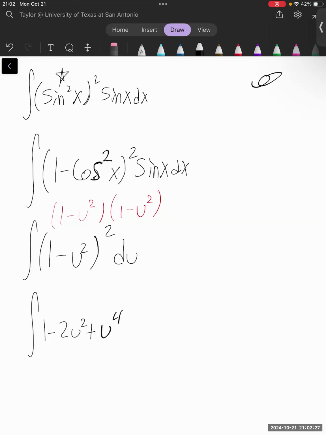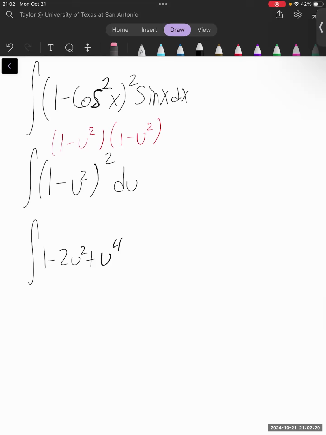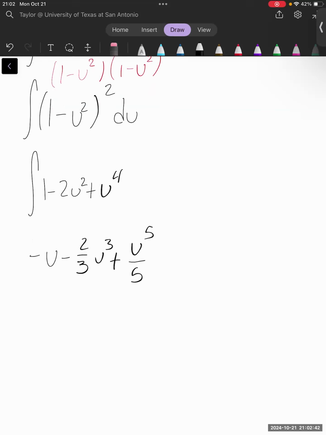And then carrying out this integral, we get u minus 2/3 u cubed plus u to the 5th over 5. And then remember, our u was cosine.